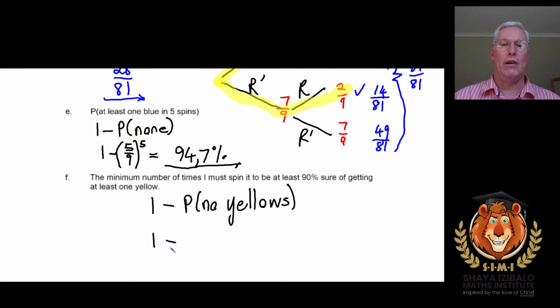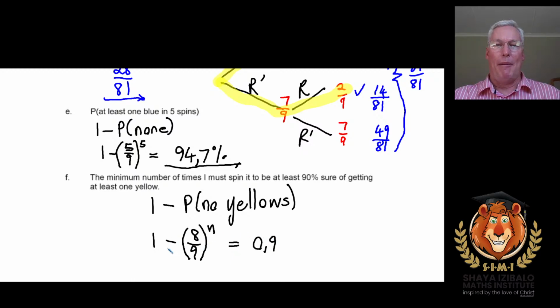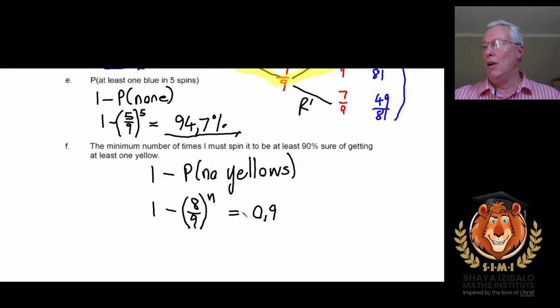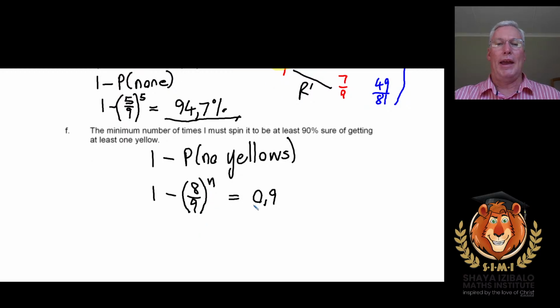The probability of no yellow on the first spin is 8 out of 9. I want that to happen again on the second and the third and the fourth. I don't know how many spins, so I'm going to make that n, and I'm going to make this equal to 0.9, because I want the answer for at least 1 yellow to be 90%. Now, a nice little thing here: an exponential equation, with the variable in the exponent.